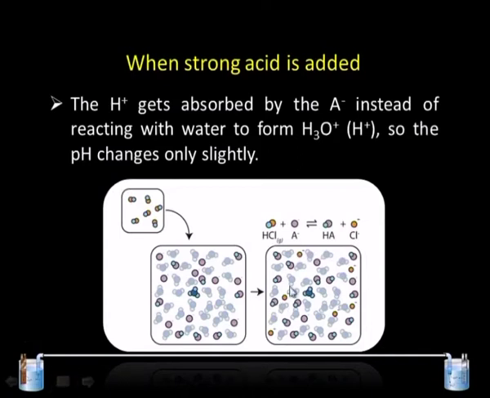We have HCl here, we are adding A minus, which is giving HA and forming Cl minus. As we can see, over the working range of the buffer, pH changes very little with the addition of acid or base.